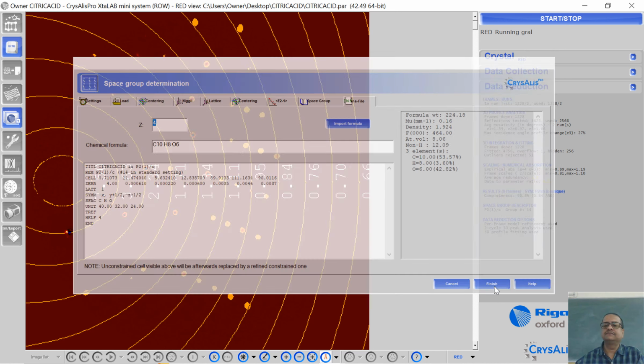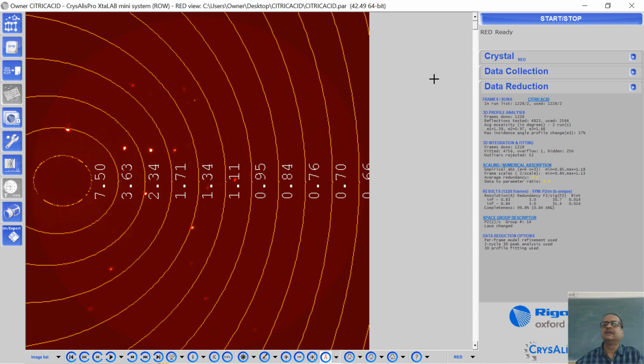And you say finish. So now when it has finished, it finally gives you the final R int is 0.014. Average redundancy is 3. And I by sigma of I average is about 30.7.